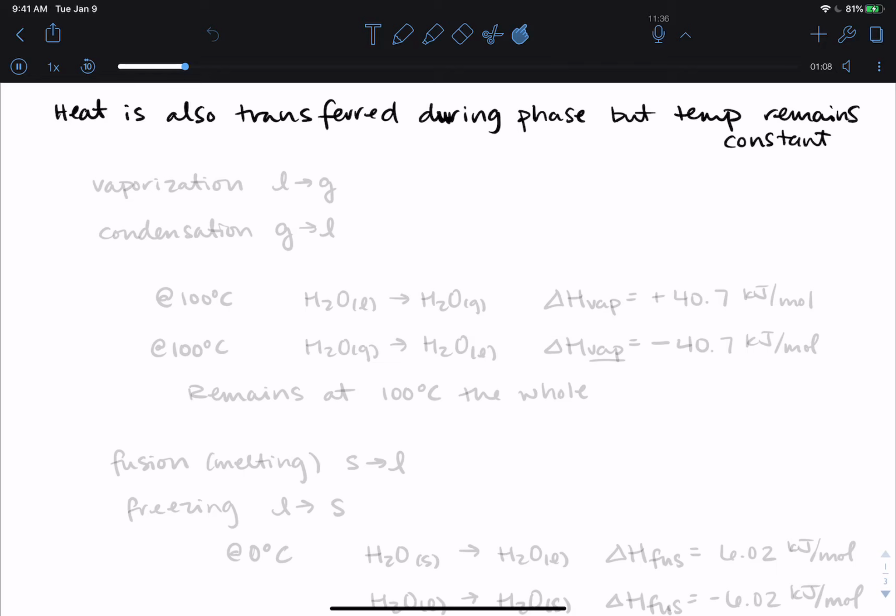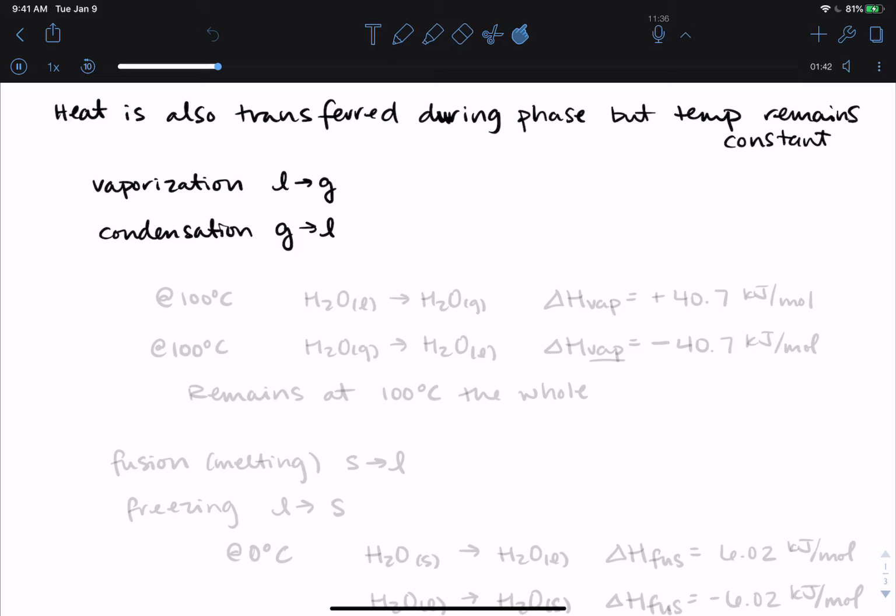So we should do some definitions, and then I'm going to give you some values, and that's about it for this section. In terms of phase change, we are talking about things like vaporization, when something goes from a liquid to a gas, and condensation, when something goes from a gas to a liquid.